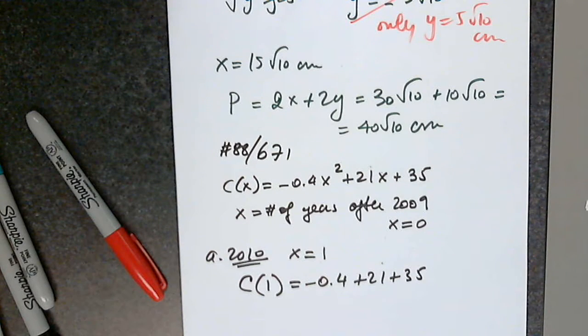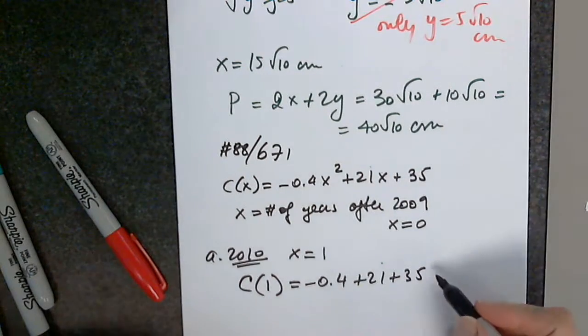Now you can go back to second and table, the last button under the viewing window. What do I want to evaluate this function for? 1. So press 1 and enter. So it's 55.6. What is the measurement unit?